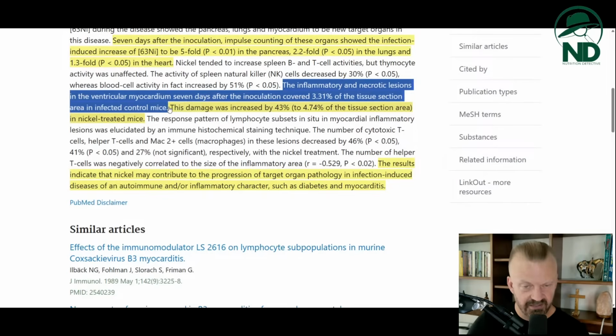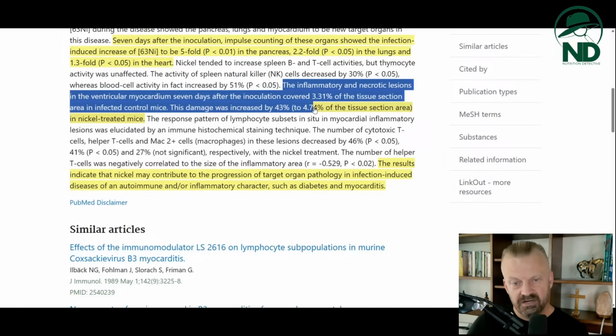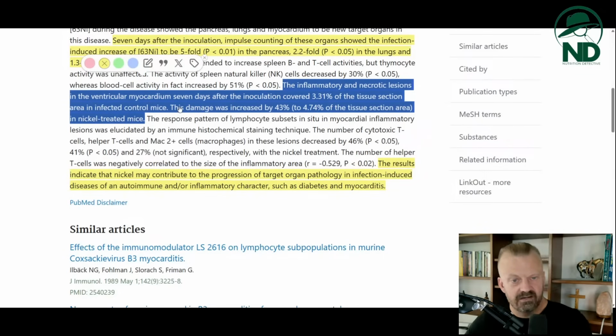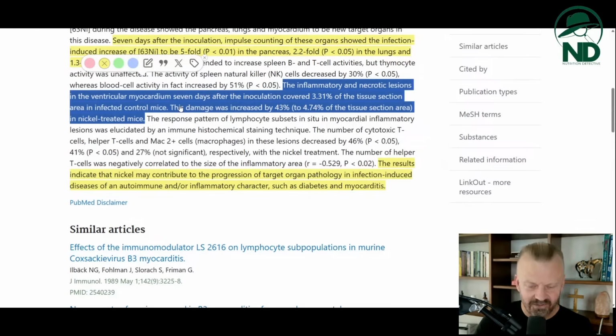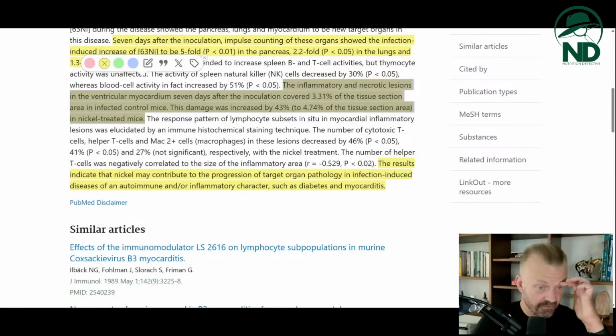So they just gave the toxic soup to the control mice. They didn't give them the nickel. This damage was increased by 43% to 4.744% of the tissue section area in nickel-treated mice. 43% more heart damage in the nickel-treated mice. Toxins are synergistic. So we got that. So that's an interesting thing.